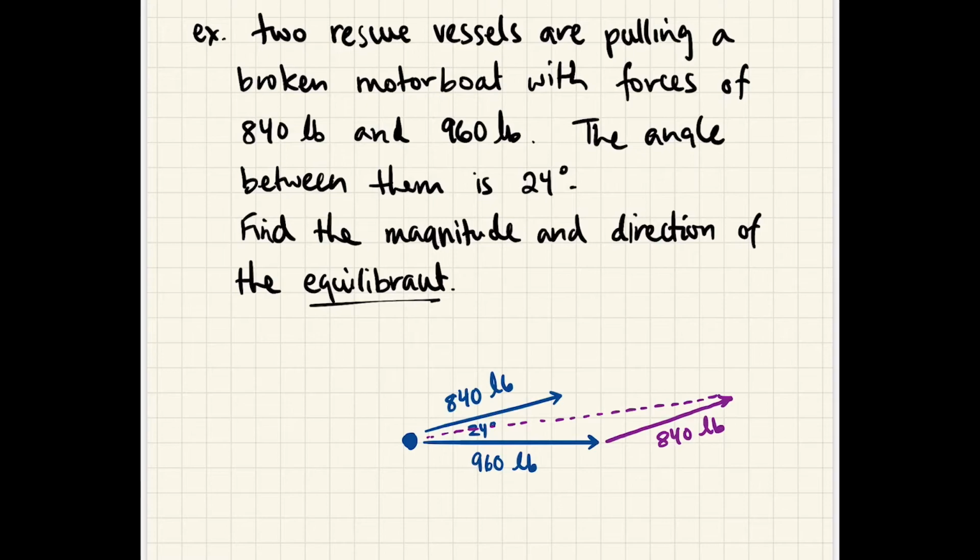So that's what we're after. The length of that, which we'll call x for now, is going to be the same length as the equilibrant. So we can say the magnitude of the equilibrant will be whatever x is. The direction of the equilibrant is exactly the opposite here, and it'll have the same length.